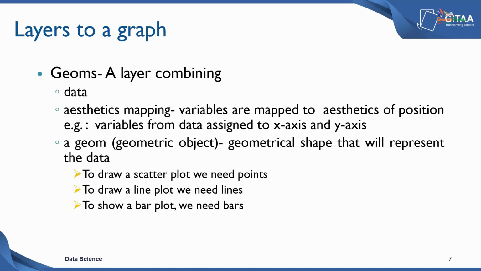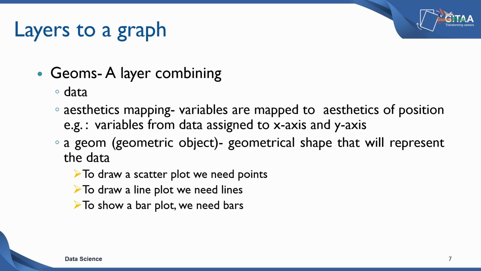The first layer that you can add to the graph is called geoms. It is a layer that consists of the data, where you have the x-axis and y-axis, considering its rectangular coordinate. So you have a chosen data.